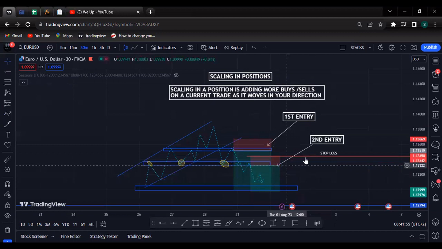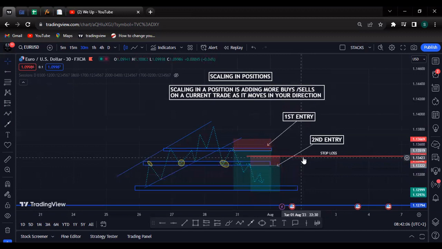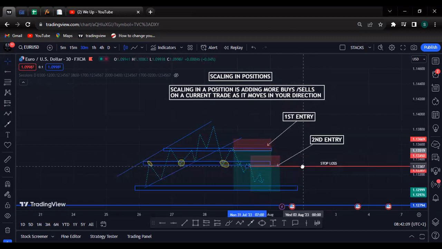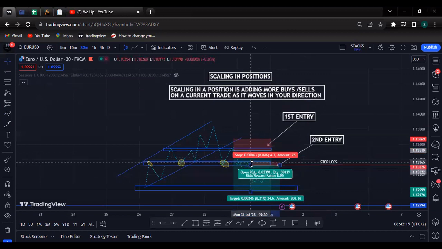So from here, you'd want to secure more profits. You do that by moving the stop loss for your first and second entry from here up to break even, to the break even of the second entry over here. So now your stop loss is at break even.